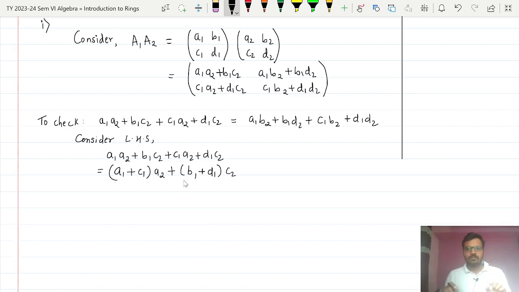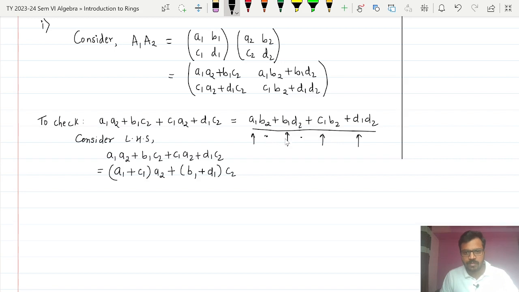Now if we observe the right hand side properly, what are the terms that are there? We have C1, A1, B1, D1, and we also have B2, D2.